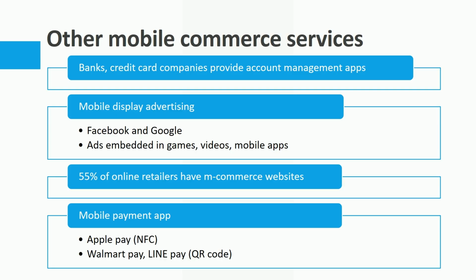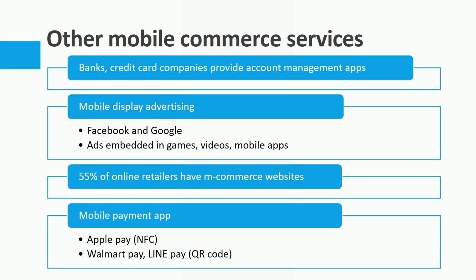Another kind of mobile commerce service we can check here is the banks. You have mobile banks. Banks offer mobile services, which allow customers to manage accounts, while mobile advertising thrives, projected to reach more than 200 billion in 2020.